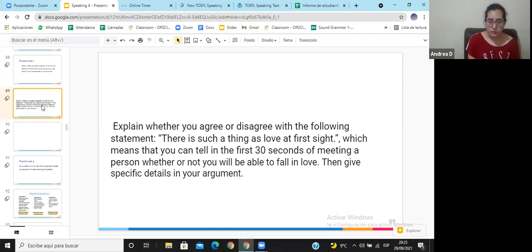So look for some vocabulary. Love at first sight, for example, is an expression. So look for some vocabulary regarding this topic. Maybe you could say, yes, because physical attraction is important. I think that's what you meant, right? So physical attraction, and then maybe you have some ideas on that.